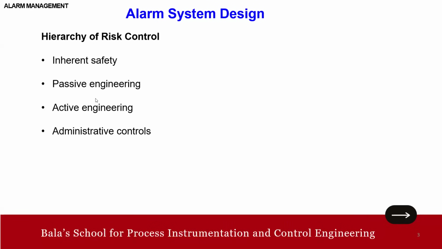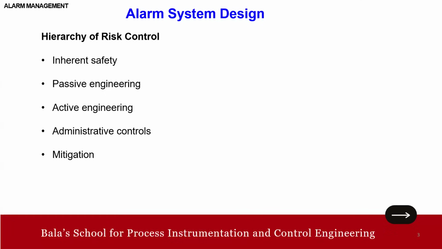Then we have administrative controls. For example, competent working people have to define procedures and avoid problems, and also know how to respond if things go wrong, which may be indicated by an alarm. Then we have mitigation measures, arrangements to reduce the consequences of an event.